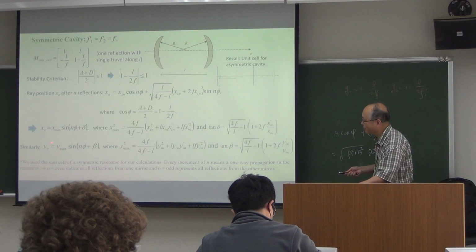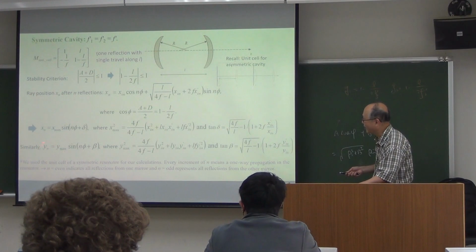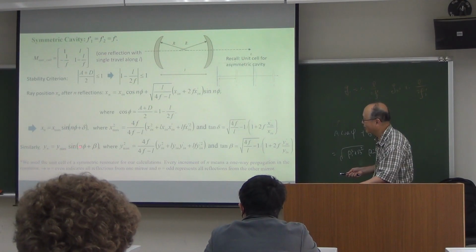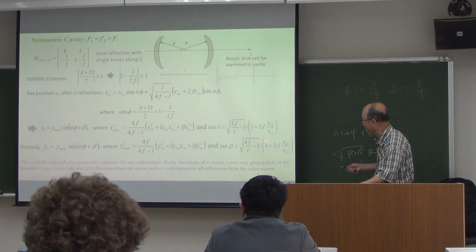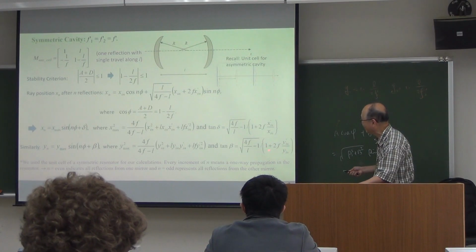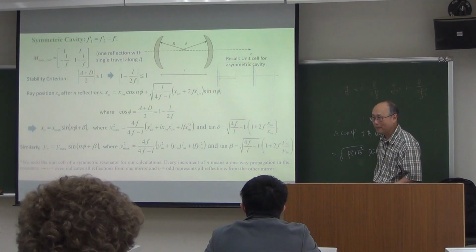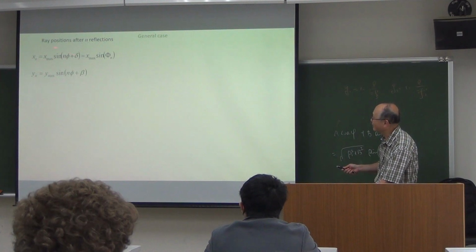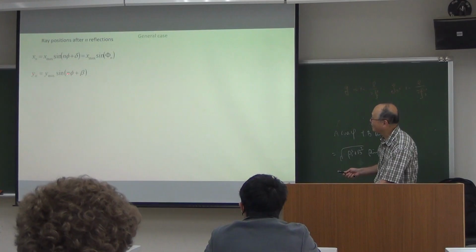You can do the same thing for y, the y position of the ray, and you also end up having some maximum amplitude, and then sine of phi plus some phase that is relevant to the injection condition and also the geometry of the cavity. So in general, xn varies with a sinusoidal function, yn varies with a sinusoidal function.